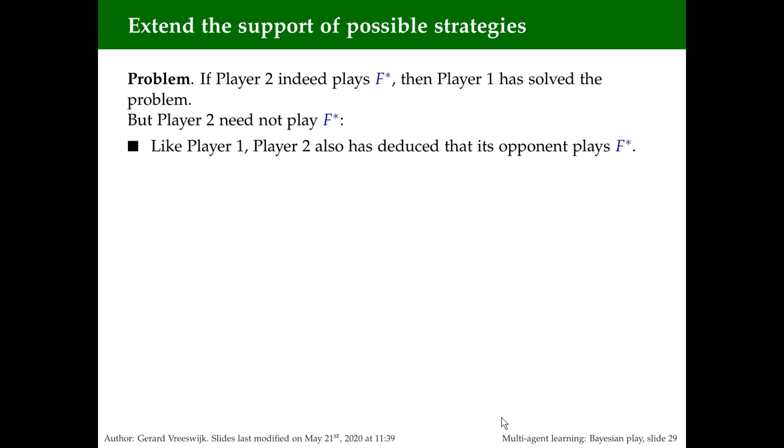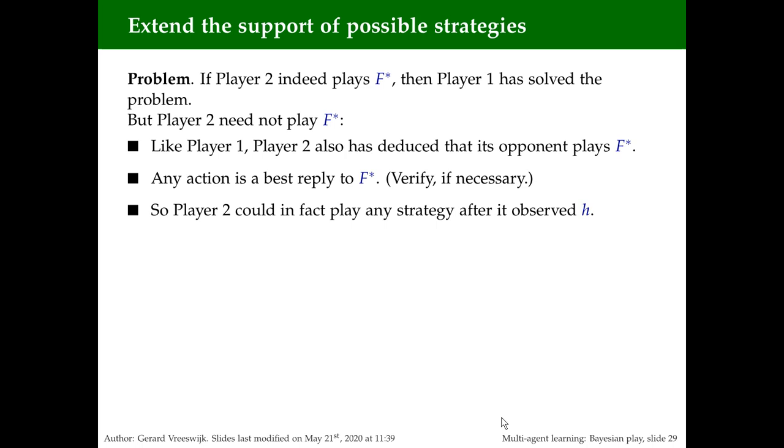Now, player 2 has reasoned analogously, and so any action is indeed the best reply to mixed half and half because it's a coordination game. So the second player could in fact play any strategy after its observed age because any action is the best reply.